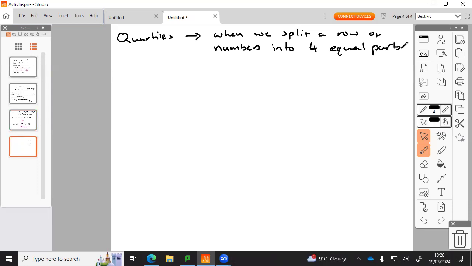So the median split it in 2, so we found the number in the middle, that was the median. But quartiles split it into 4. So there's 3 points of interest there.